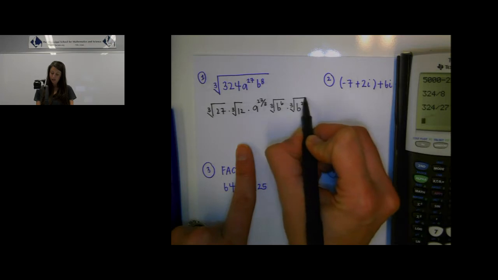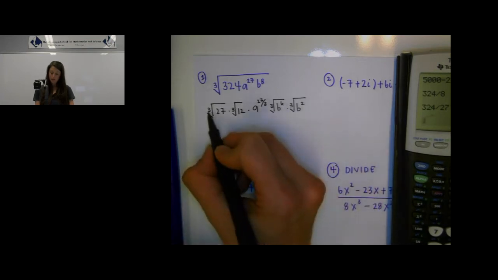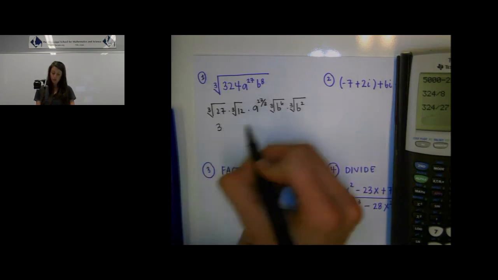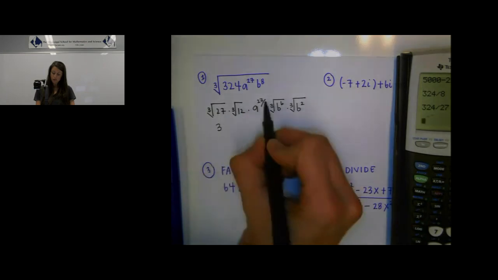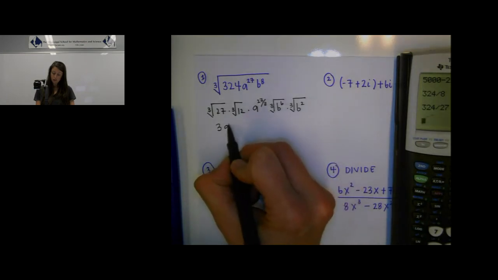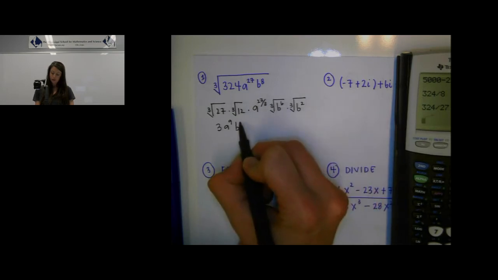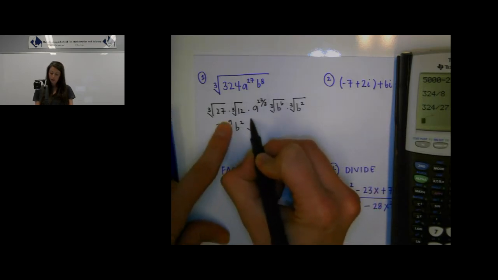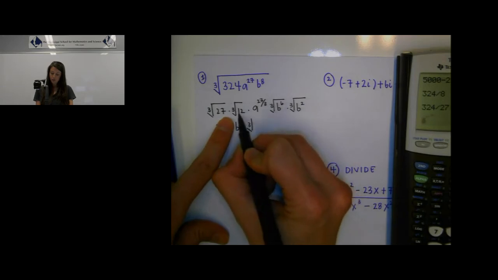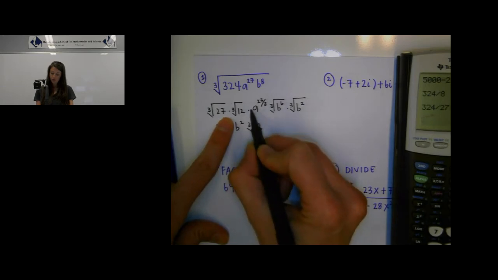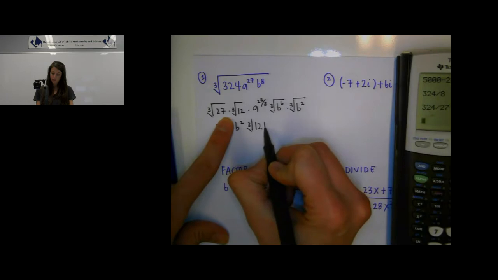Would be the second. So we could do the same thing. The cube root of 27 is 3. a to the 27 over 3 will be a to the 9th. And b, same thing here, 6 divided by 3, that'll be b squared. And then underneath the cube root, you'll have the cube root of 12, no more a's, and then b squared.